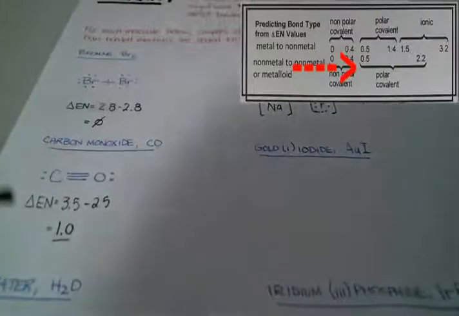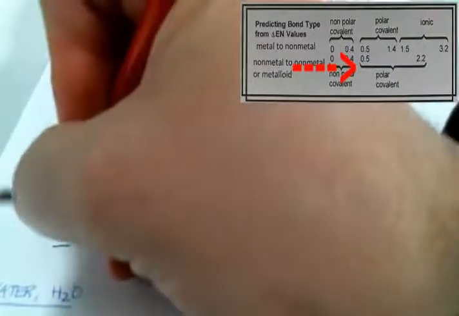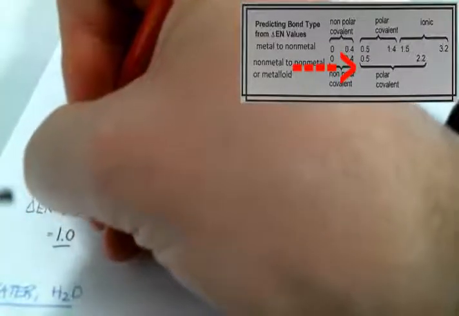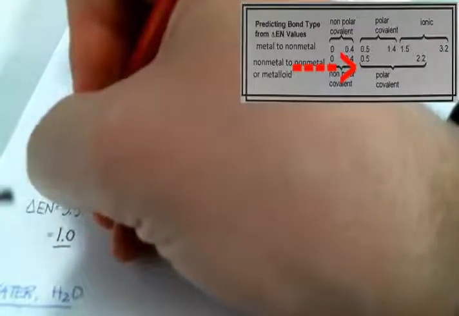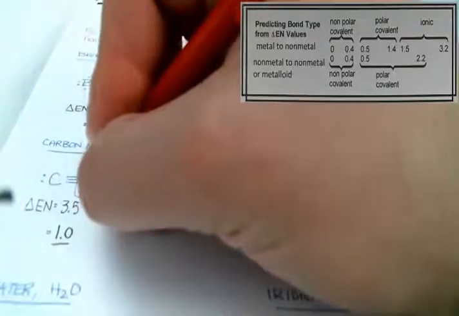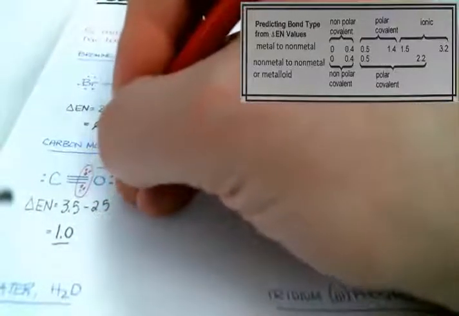So the electrons here, all 6 of them, because there are a lot of electrons being shared, are going to spend most of their time much closer to oxygen than they are to the carbon.